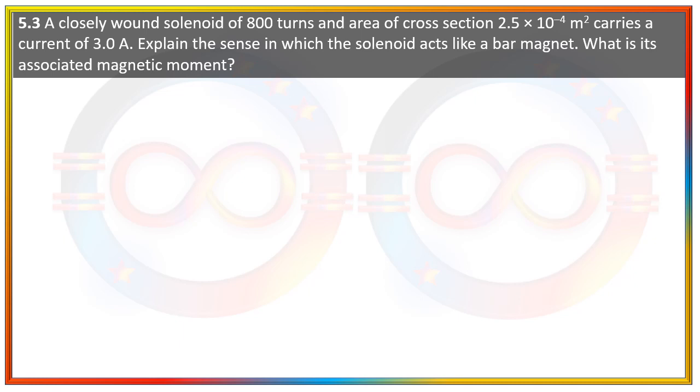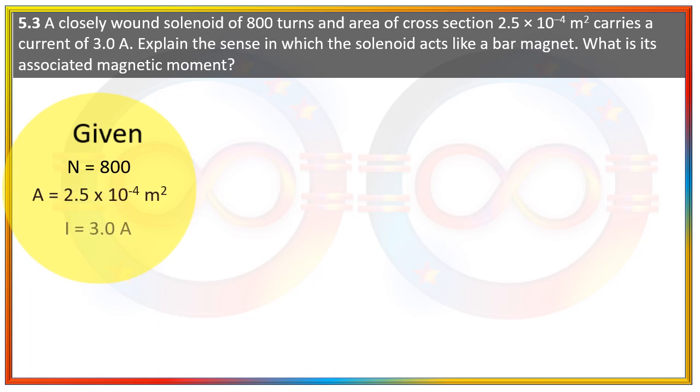Question number 3, there is a solenoid having 800 turns and area of cross section is 2.5 into 10 raised to minus 4 meter square. It carries a current of 3 ampere. Question is, explain the sense in which the solenoid acts like a bar magnet. What is its associated magnetic moment? So what all things are given in the question? First, the number of turns 800, area of cross section, then current.